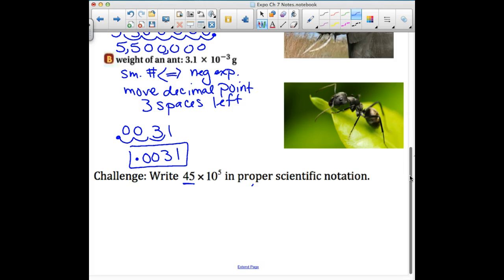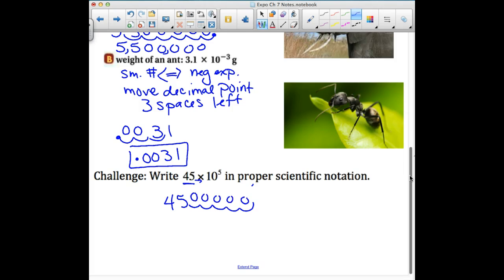Now let's think about what this number is in regular notation, in standard form. 45 times 10 to the 5th means you have 45, and then we have to move from here 5 spaces to the right. So from here, we have to go 1, 2, 3, 4, 5. Okay?